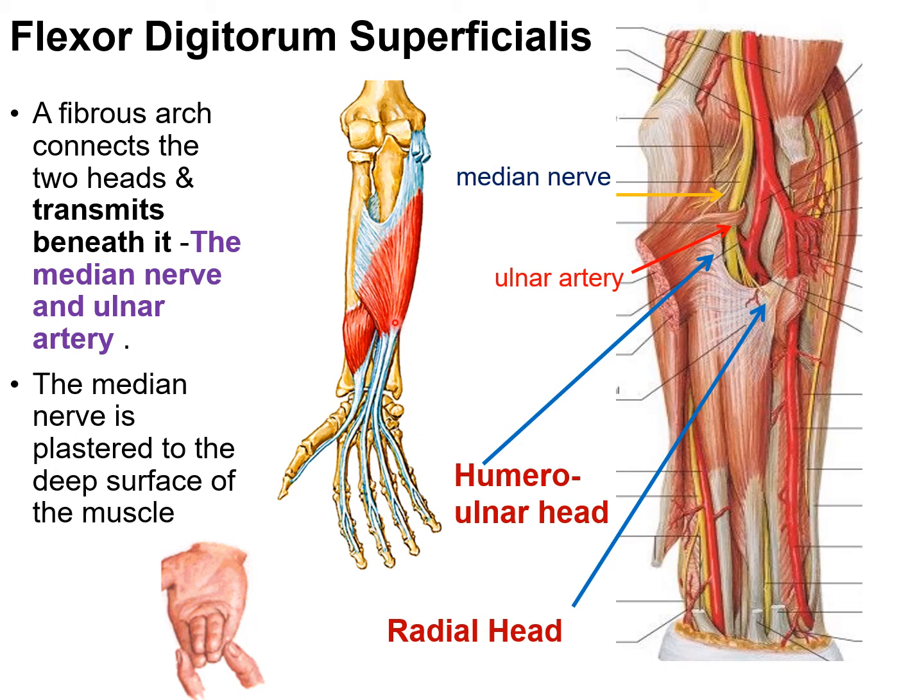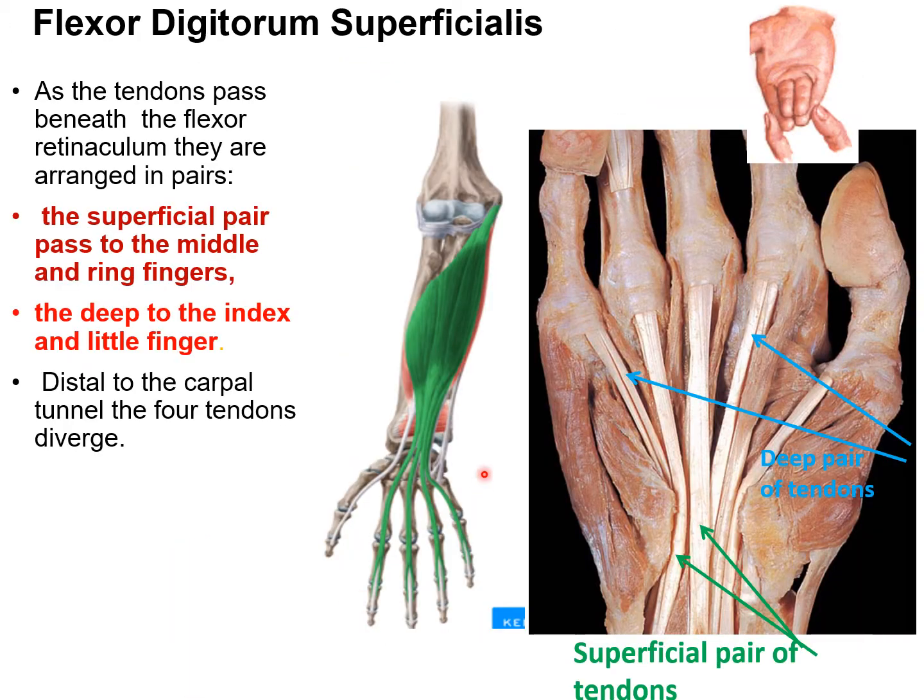The tendon of flexor digitorum superficialis divides into tendons for the medial four fingers. As the tendons pass beneath the flexor retinaculum, they are arranged in pairs. The superficial pair passes towards the middle and ring finger, and the deeper pair passes towards the index and the little finger.